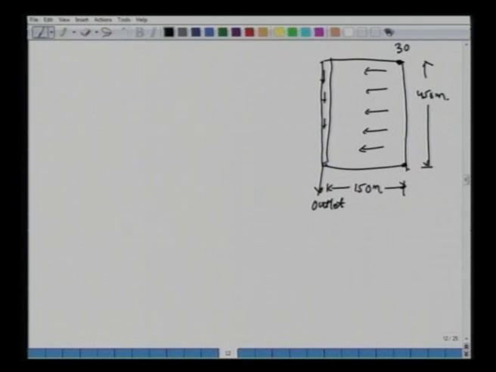Similarly, from here it is taking 25 minutes as the overland flow and then it reaches the outlet. What about this point, just at the upstream end of the drain? This takes 5 minutes. This edge is the outlet itself, so it takes 0.